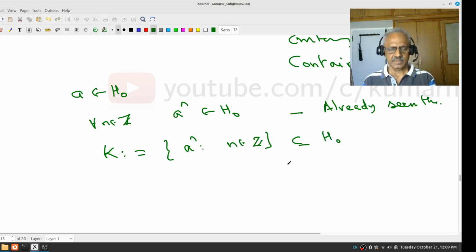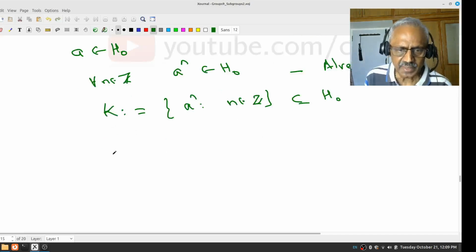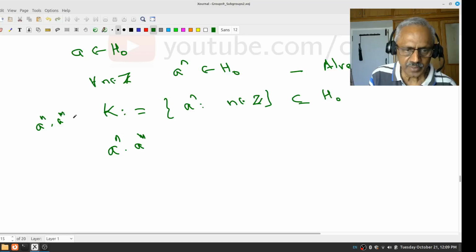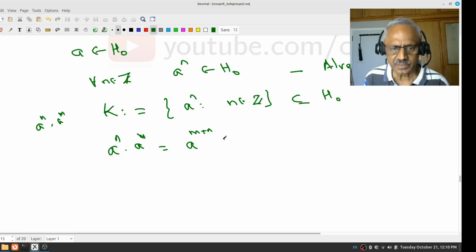Is it clear? Now let us take any two elements in K. They are of the form A to the power n and A to the power m. What is their product? A power n times A power m, by the law of indices, is A power m plus n. But m and n are integers, therefore m plus n is an integer, therefore it's again in K. Do you understand this?